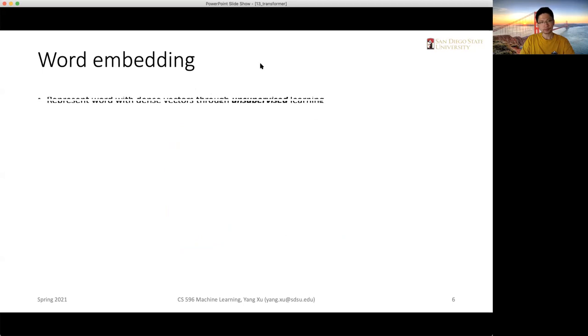Okay, so the word embedding, as we know, is a way to represent words with dense vectors through some unsupervised learning, right? Because we just use the data alone to train itself. For example, we use negative sampling to sample some words outside a fixed window, and together with the positive example, we construct a loss function, which is similar to multiple logistic regression tasks.